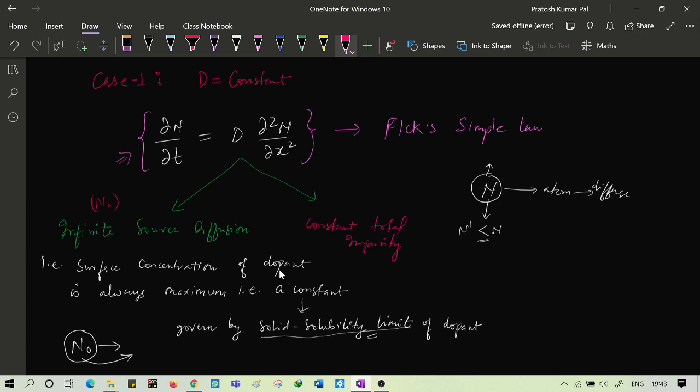But here, in constant total impurity, whatever the total concentration is, we take it as a constant. That means after some time, if some atoms diffuse, the value will decrease, so the total available value will be less than the initial value. We will see these two conditions one by one.